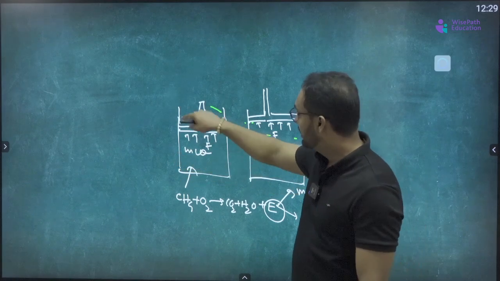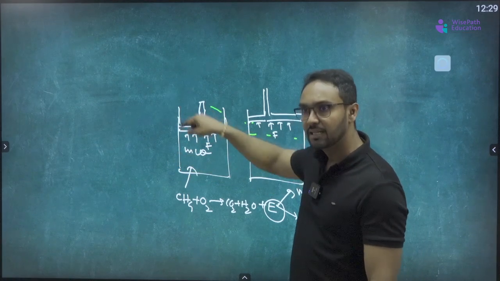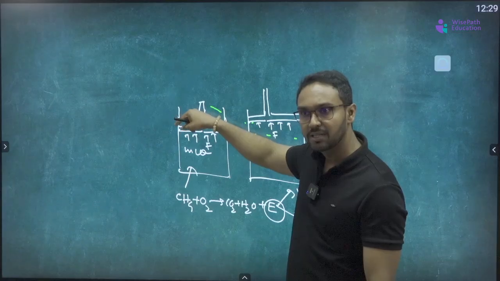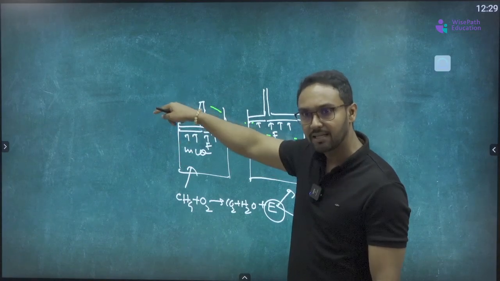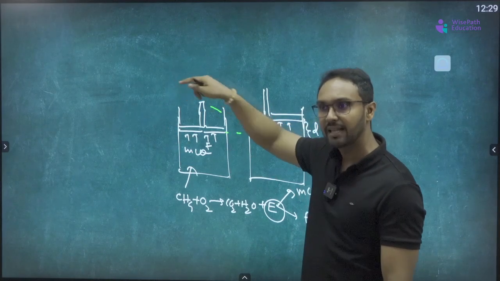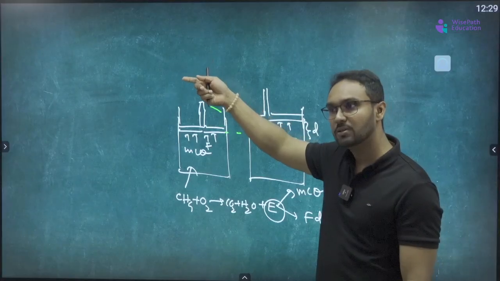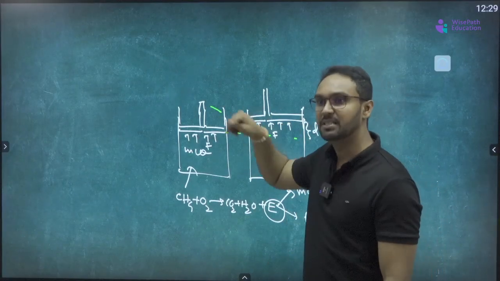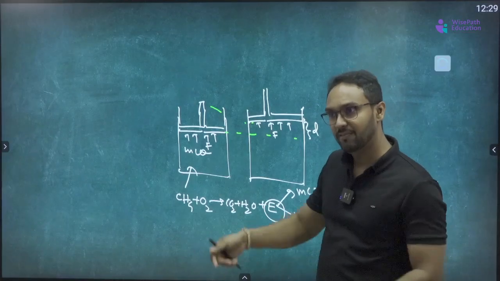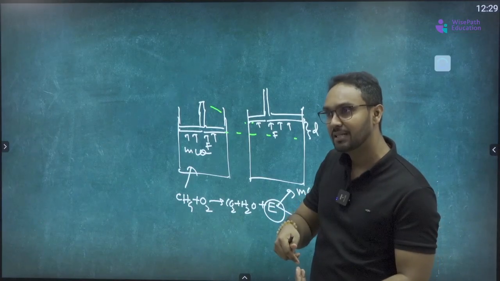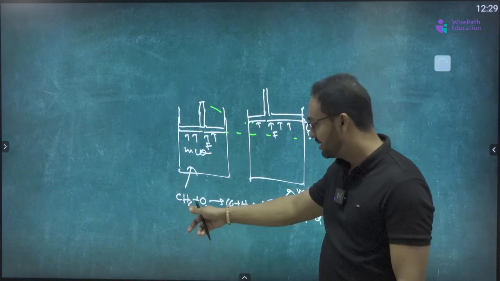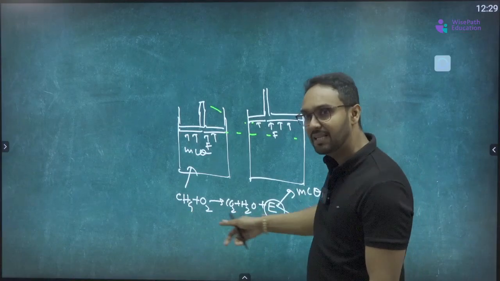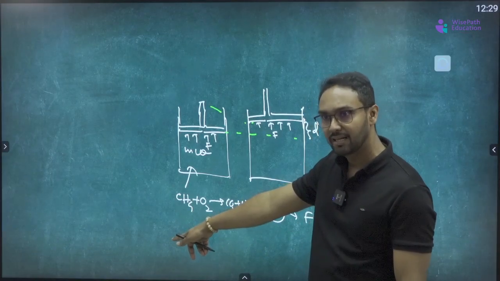So the energy release now we can calculate using the heat and the work done, and that energy release is also the internal energy of what? Of the piston. And if we go deeper, it is actually the internal energy of the methane, isn't it?